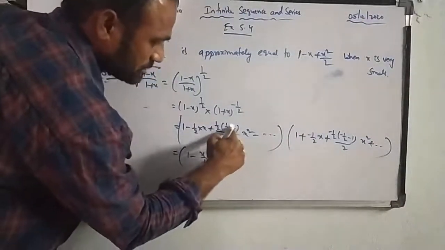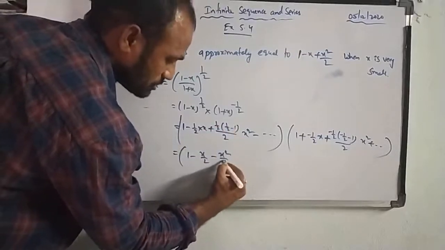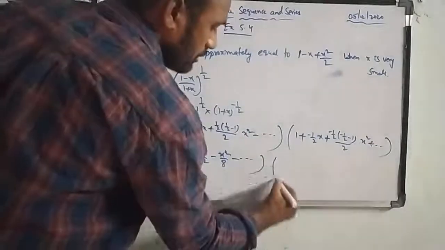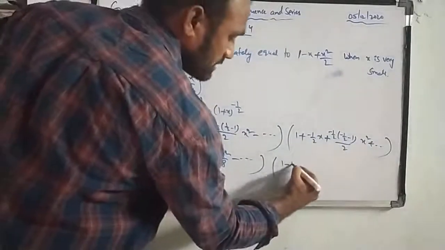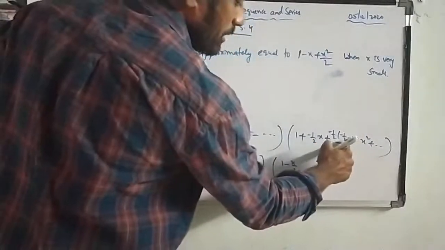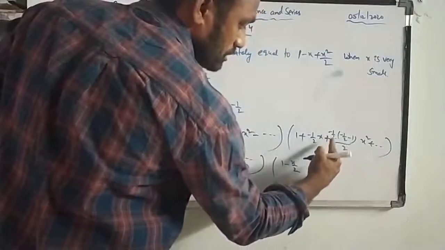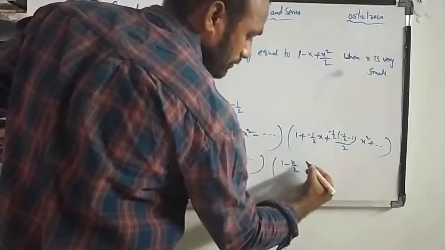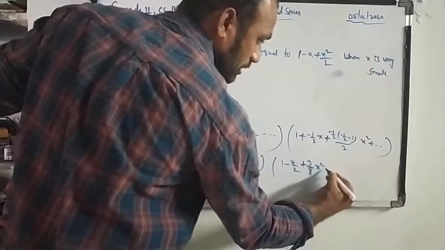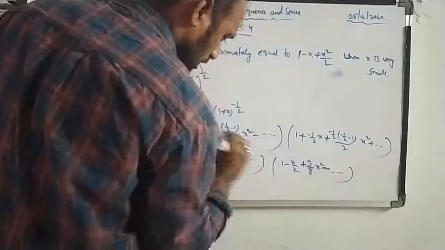So here it is minus 1 by 2, minus 1 by 4, 1 by 8. So minus x square by 8, so on. Here the terms are 1 minus x by 2, minus 1 by 1 minus 3 by 2, 3 by 4 plus 3 by 4, 3 by 8 x square plus so on. So minus 1, here all are minus.